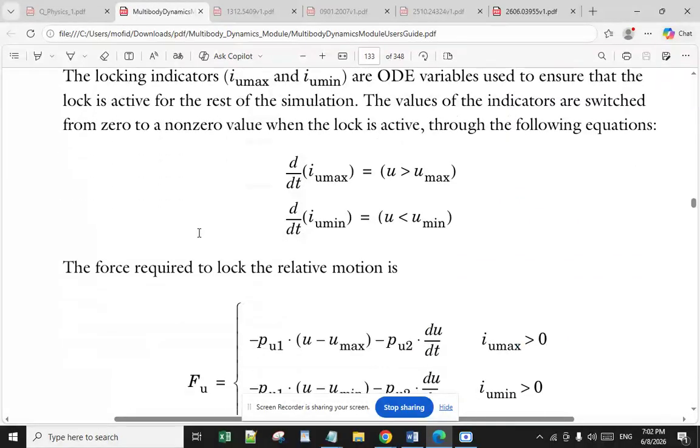Through the following equations, we have the derivative of IAu_max with respect to time equal to 1 when u is greater than u_max, and the derivative of IAu_min with respect to time equal to 1 when u is less than u_min.